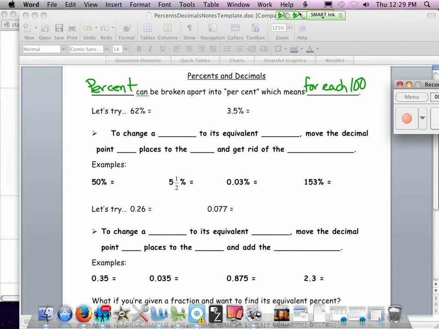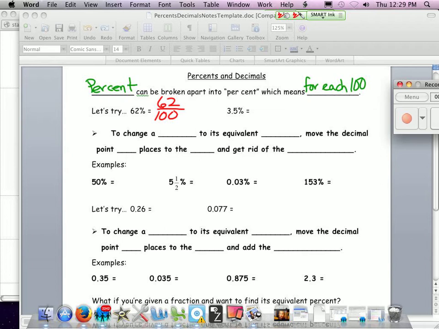So if we were dealing with something like 62%, we could write 62% as 62 per 100. And who can read to us what that fraction would be read as?